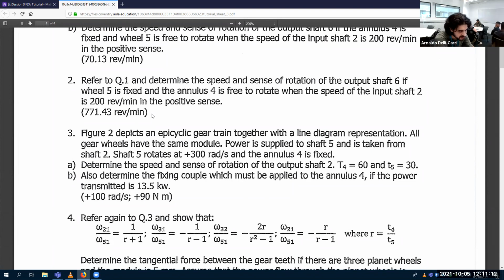That means you do exactly the same thing, take exactly the same table. But now you have to change this. Oh, you're right, thank you.